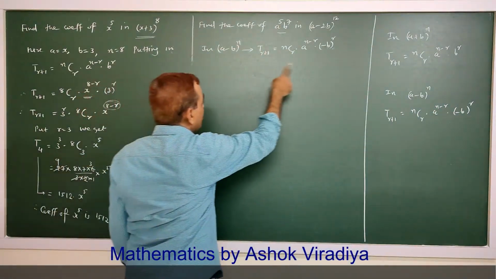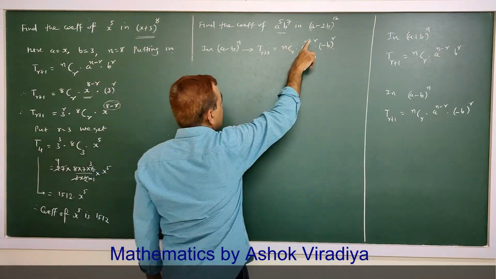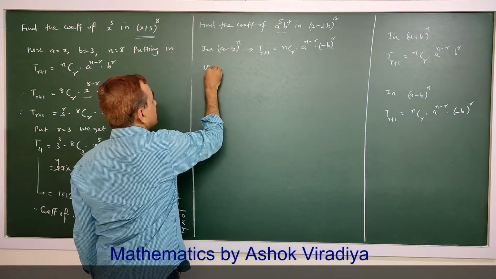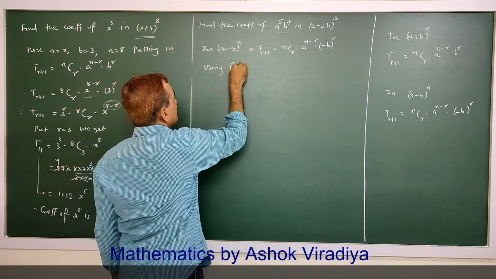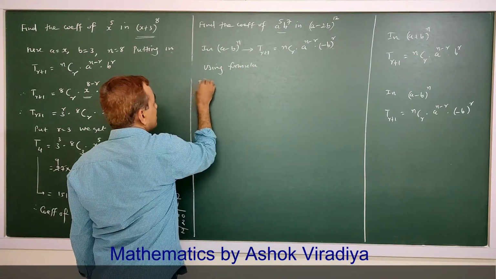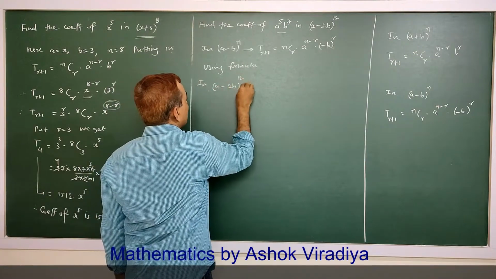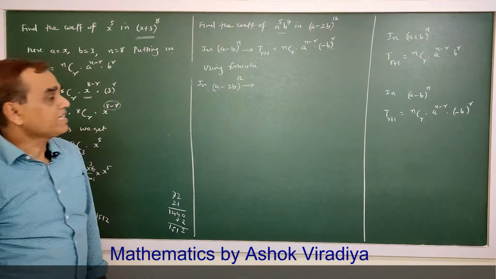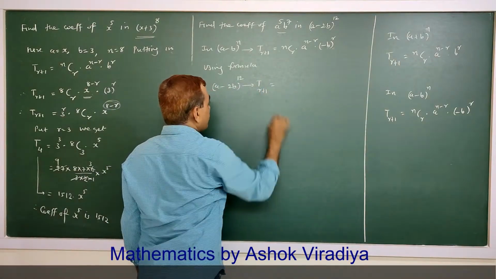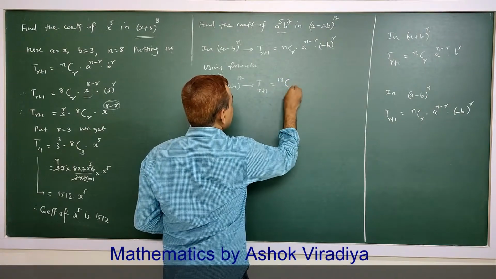Now in this formula, here a is a and b is 2b. So using this formula, in (a minus 2b) raised to 12, the r plus 1th term is 12Cr.